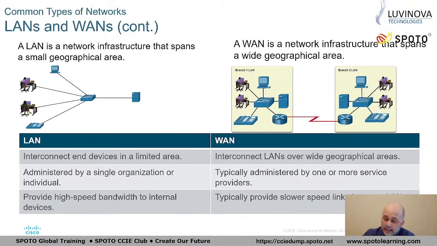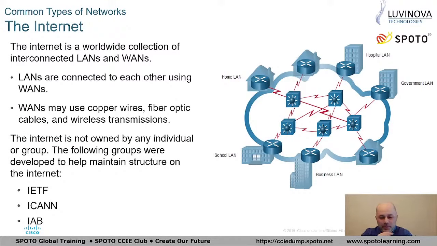A wide area network connects cities, countries, and continents. The internet, at the end, right? The big internet, the invisible internet. The internet is a worldwide collection of interconnected LANs and WANs. Basically, it's the entire world.